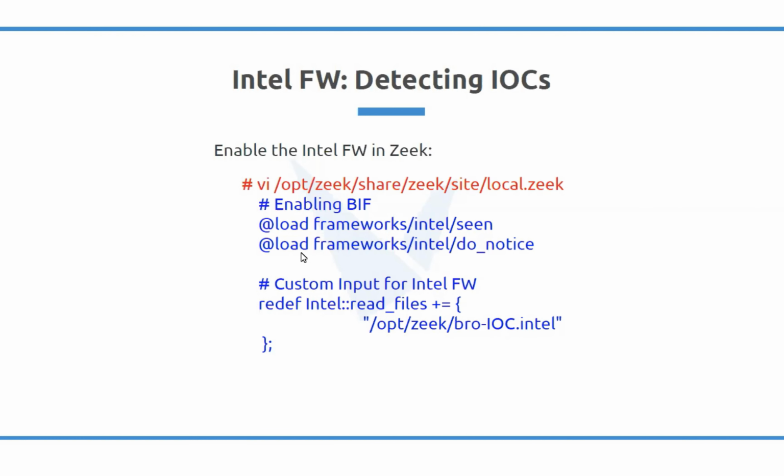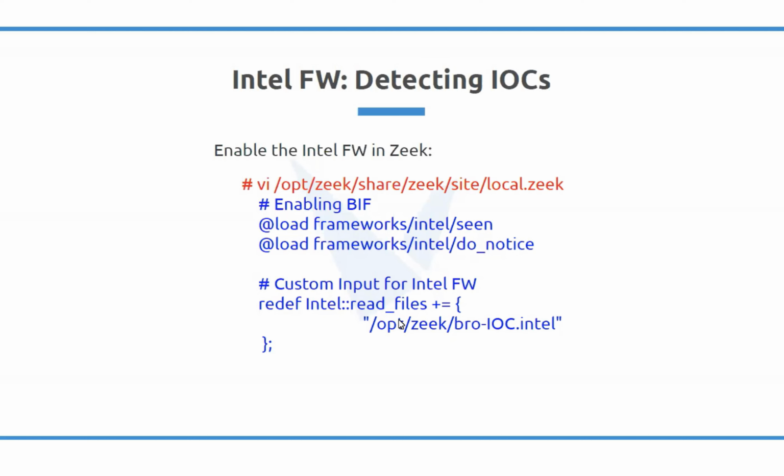All right, so the first two lines of the @load take care of loading the scripts that are responsible for generating the Intel alerts. The second most important thing is you need to feed Zeek the IOCs that you have in your file. There is this redefinable enum type, which is called Intel::read_files.